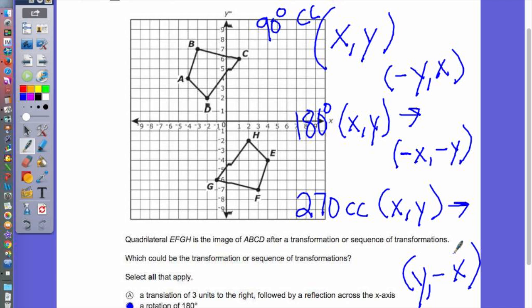I'm actually going to start trying to make a list over here of some of the stuff we're coming across. We started this last week, but I would know the rotation rules. And they're all counterclockwise. And I'll put them over here. 90-degree rotation became what? 90 rotation became negative YX. 180-degree rotation.